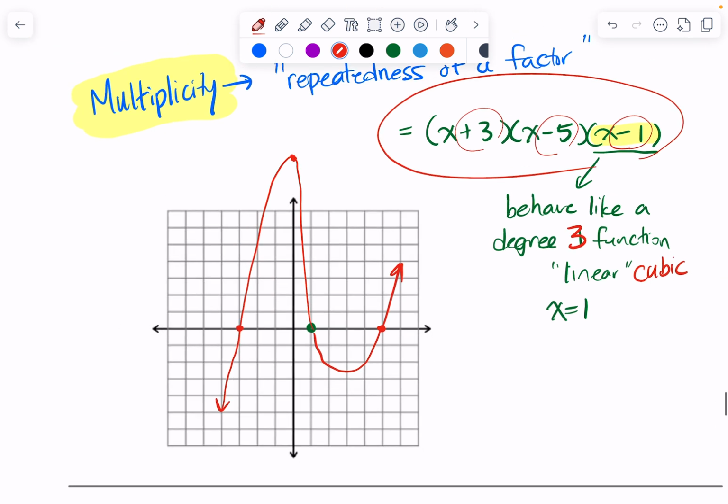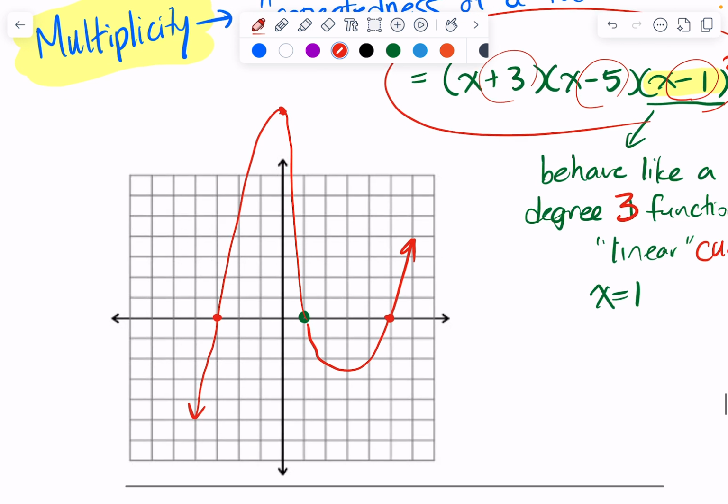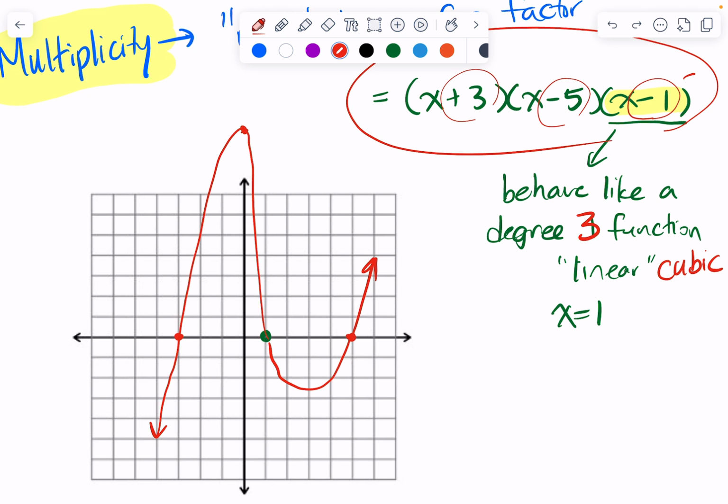Now watch what happens when I throw some multiplicity in this last piece here. So now I know at x equals 1, this is going to bounce. It's going to bounce off of this value right here instead of going through it.